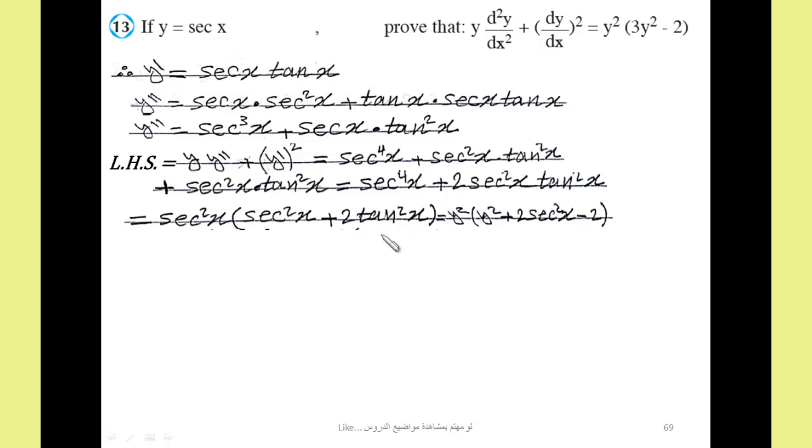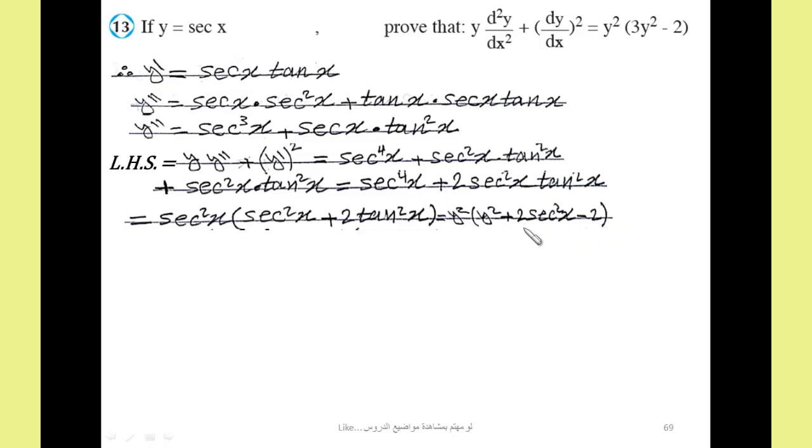You know that tan squared x equals sec squared minus 1. Tan squared x equals sec squared minus 1. So 2 tan squared x equals 2 sec squared x minus 2. And this is required. Why?